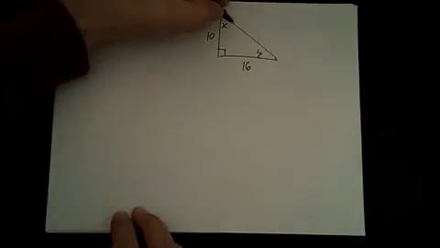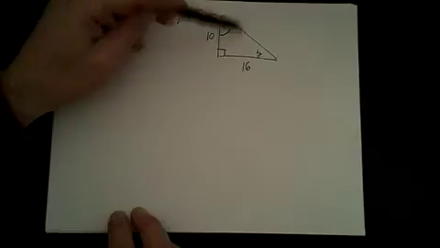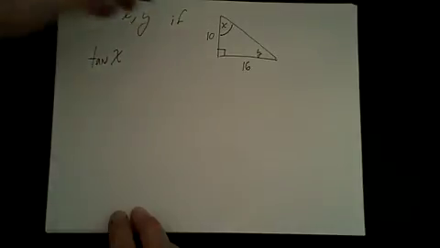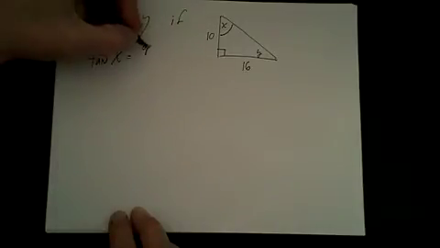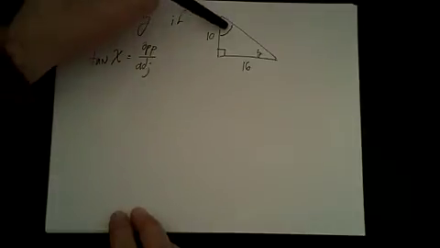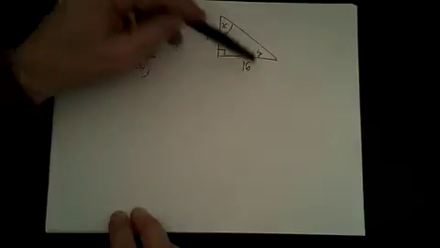In this case, let me try to solve for x first. I have the opposite and I have the adjacent. So tan x is equal to opposite over adjacent, and I have to be careful which is which. If this is the angle I'm interested in, x, this is the adjacent, that being next to, and this is the opposite.